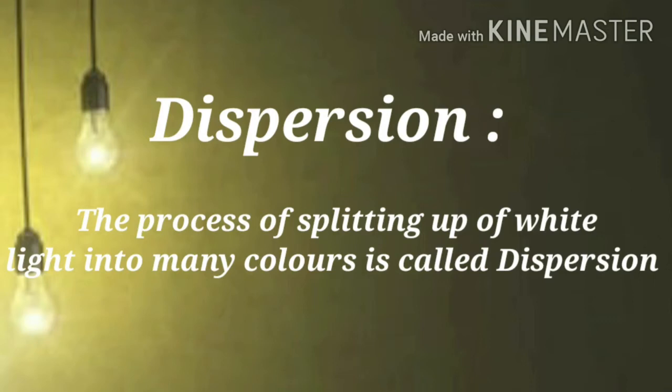The process of splitting up of white light into many colors is known as dispersion. And the band of colors produced when white light is split up is known as spectrum.